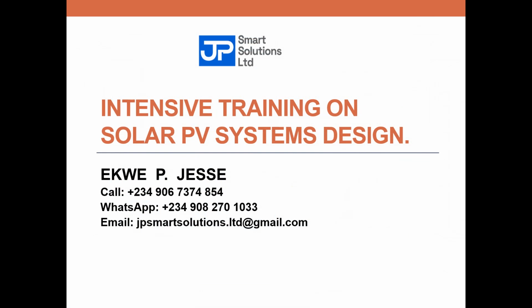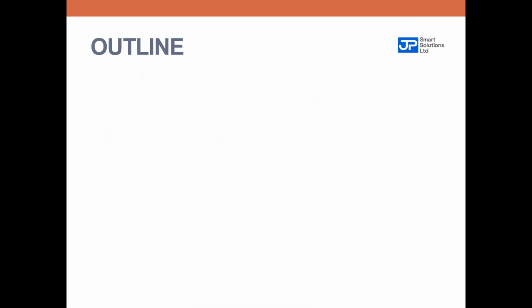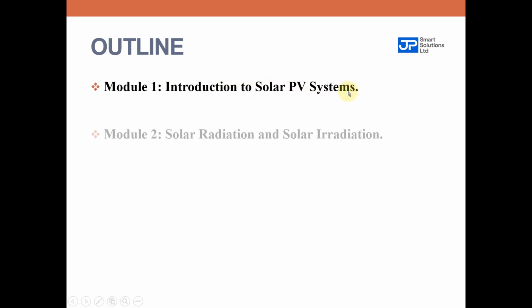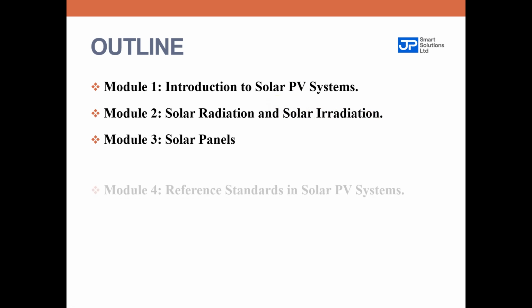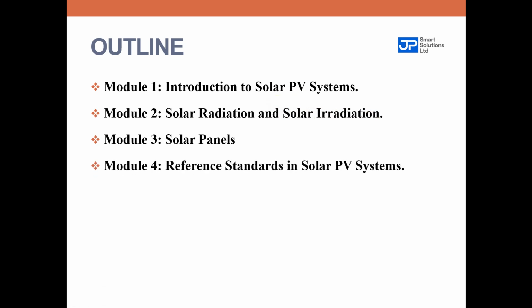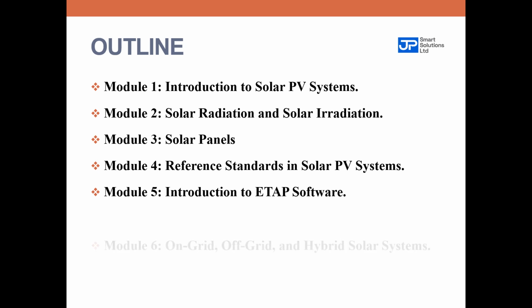So right now I'll be giving a quick overview of what we'll be covering in this training. So the first outline, we have Module 1, Introduction to Solar PV Systems, and Module 2, Solar Radiation and Solar Irradiation, Module 3 for Solar Panels, Module 4 for Reference Standards in Solar PV Systems, Module 5 for Introduction to ETAP Software, which we'll be using for the design.